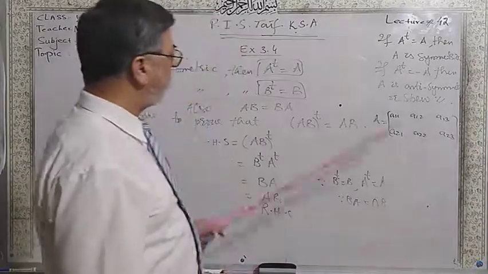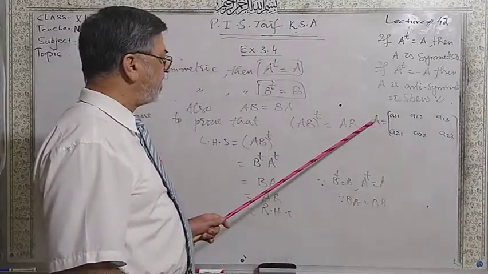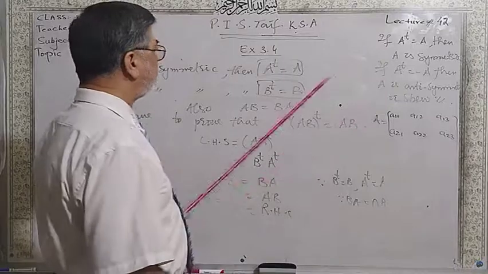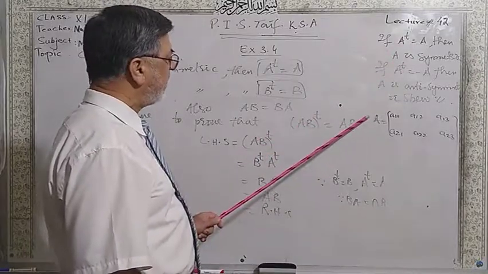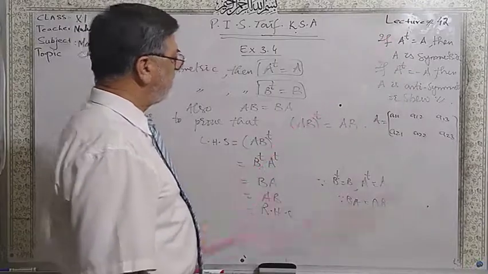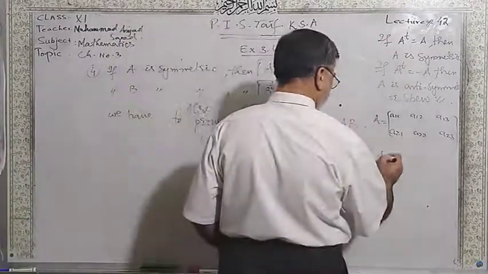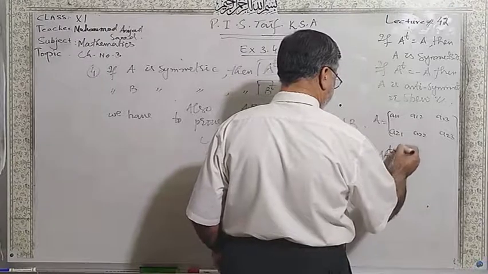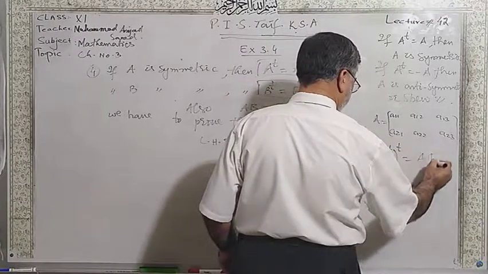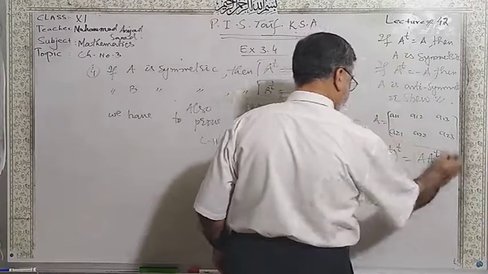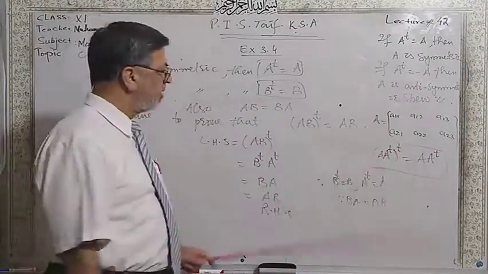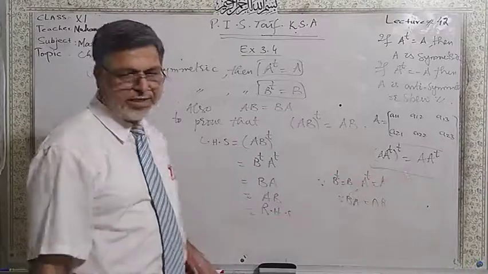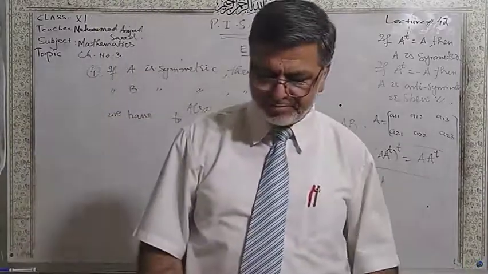So you can multiply A transpose as A and then you will prove that it is symmetric. Symmetric means A transpose, whole transpose, equal to A transpose. Basically you have to prove this for proving A transpose is symmetric.